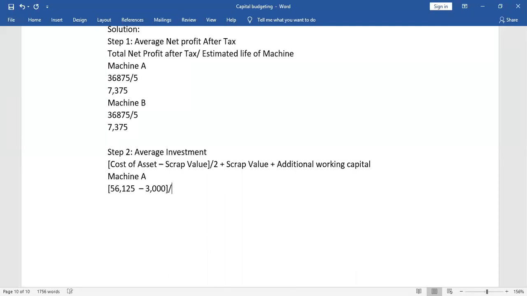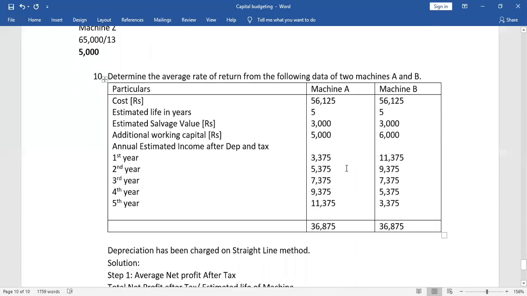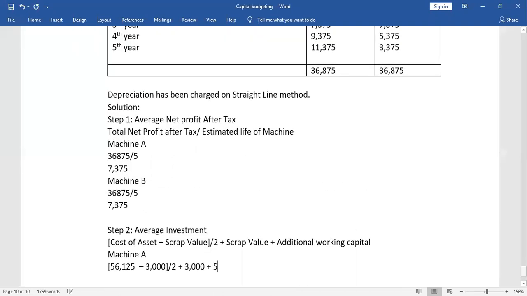Close the bracket, divide by 2, and we have to add scrap value, which is 3,000. Add additional working capital. Just have a look at how much the additional working capital of A is. Additional working capital of A is 5,000. So we write here 5,000.